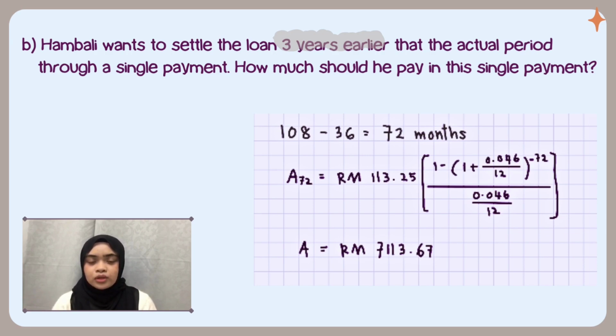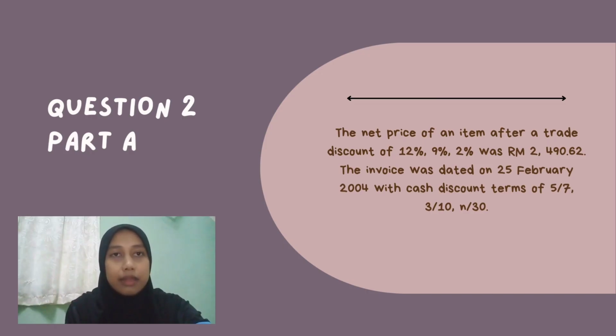We use the same formula: A equals R, 113 ringgit 25 cent, times 1 minus (1 plus 0.046 per 12) to the power of negative 72, divided by 0.046 per 12. So the answer is A equals 7,113 ringgit 67 cent.